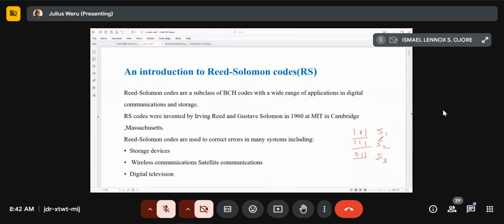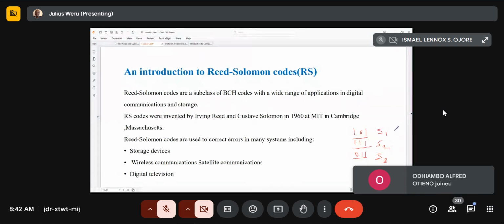So if you can correct 3 symbol errors, then you can correct 9-bit errors, if all the bits happen to be in error.